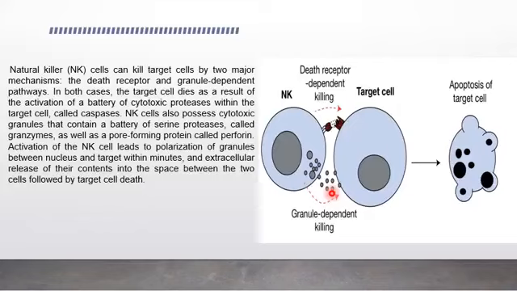These digestive granules lead to the release of proteases, which form pores inside the cells. Activation of the natural killer cell leads to polarization of the granules, and within that the mitochondria release cytochrome C into the cytoplasm.